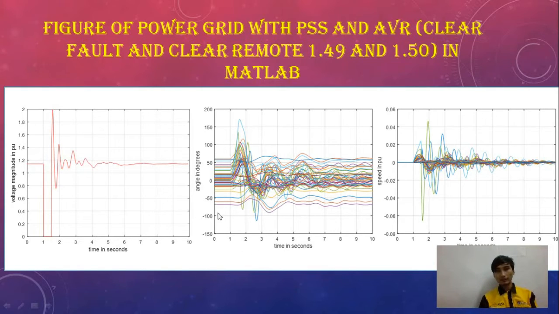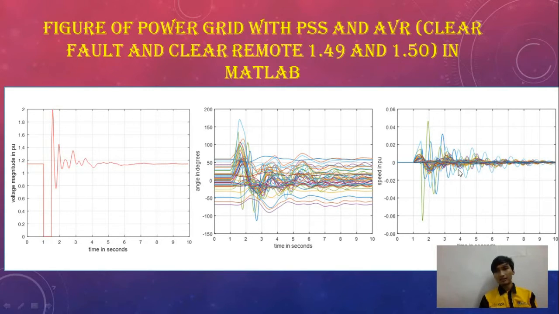And then figure 2 is the generator angles in degrees versus time in seconds. The angles of the generators increase after 1.5 and decrease after 4 and get back to normal, maintained.